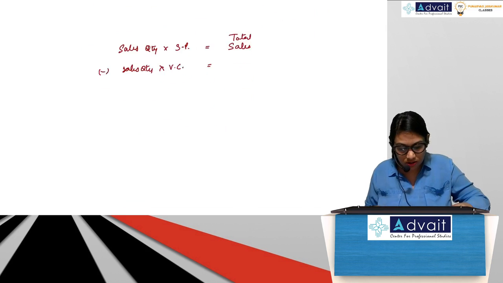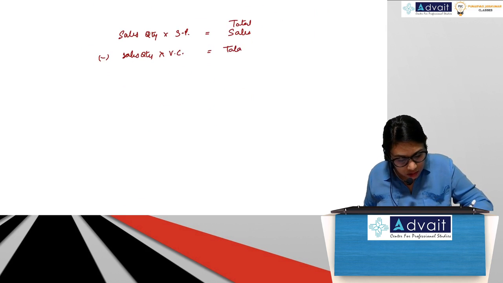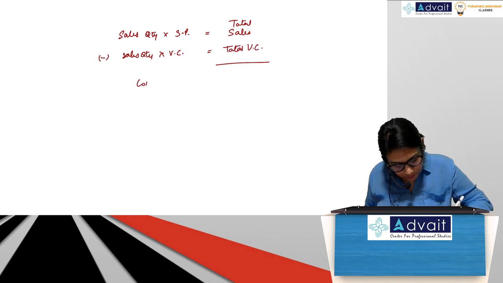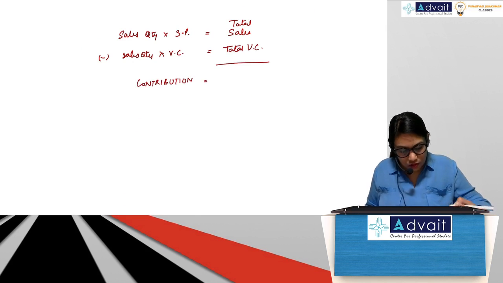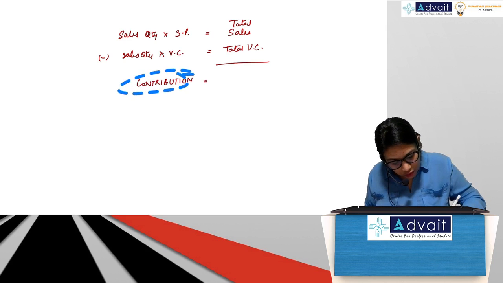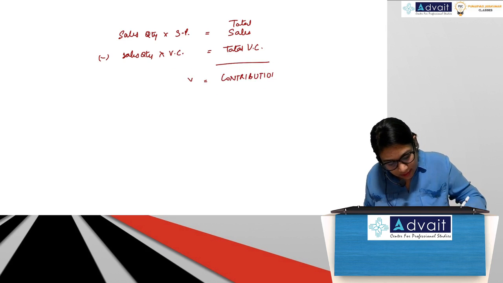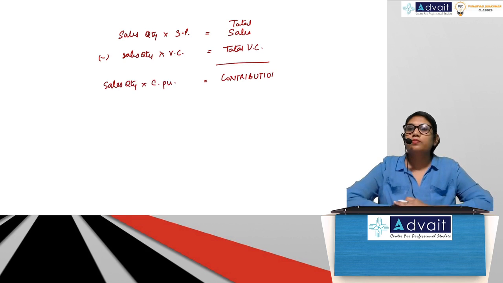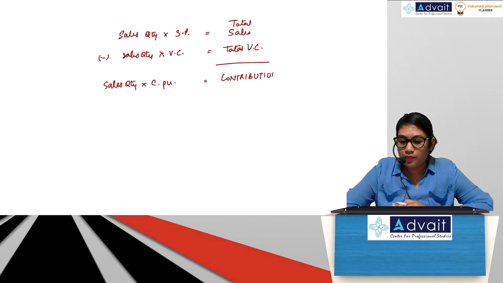The cost gives us total variable cost, which gives us contribution. So if I were to write contribution as a formula, then contribution would be sales quantity into contribution per unit.